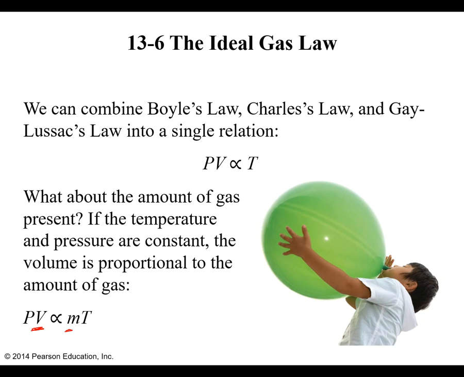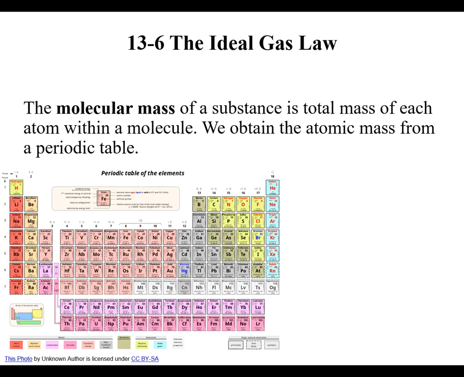So let's talk a little bit about the mass of gases. Molecular mass of a substance is going to equal the total mass of each atom within the molecule. If you look at any periodic table, you can find the atomic mass there. You have small numbers. I'm going to zoom in. You have a small number, like by the H, there's a 1, and by the helium, there's a 2.